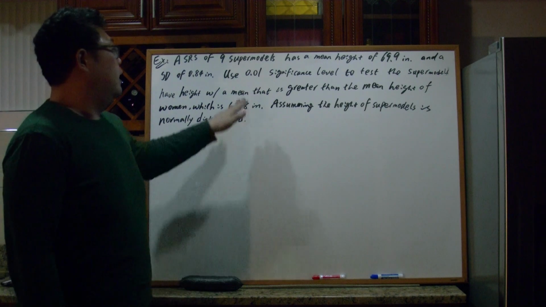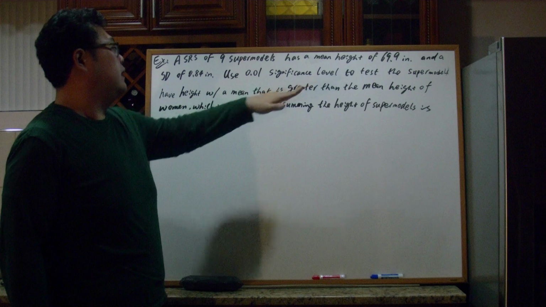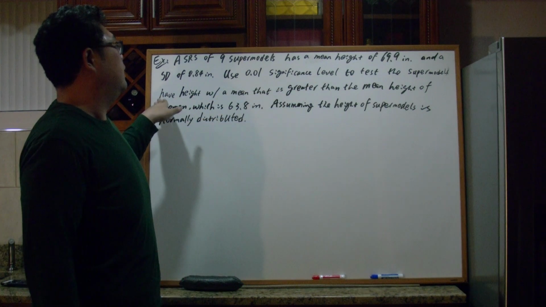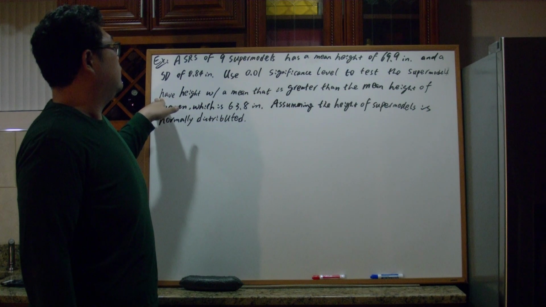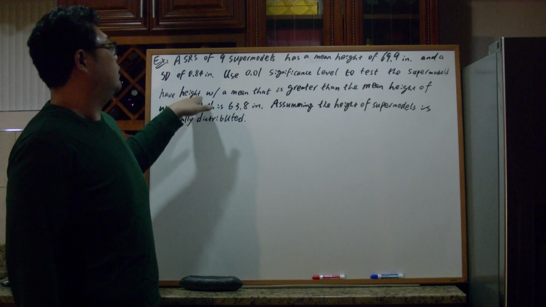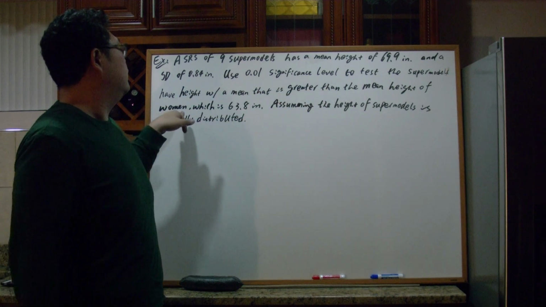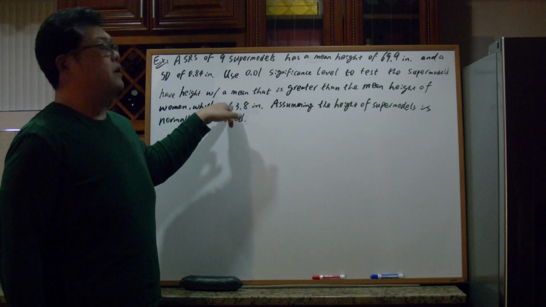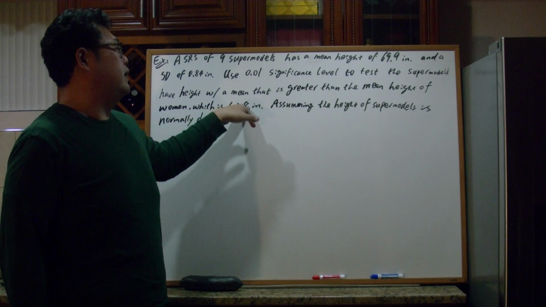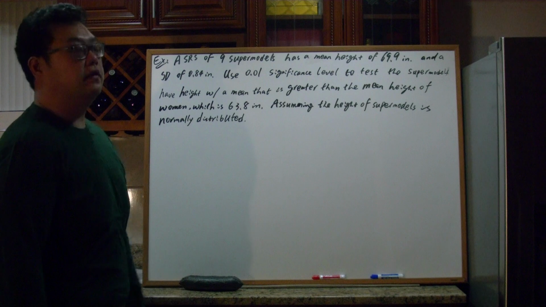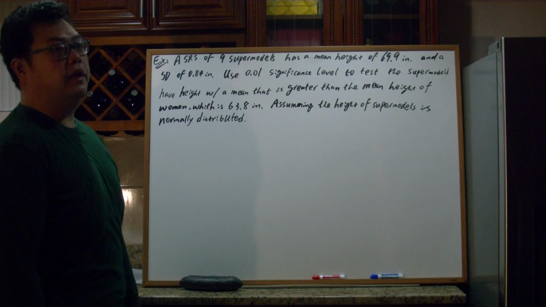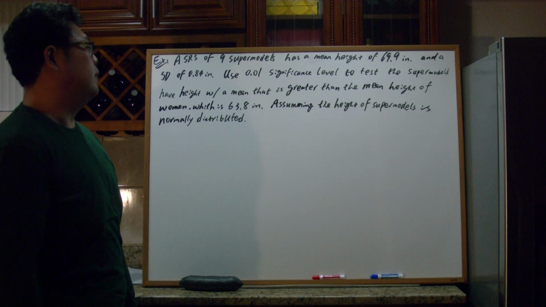Then 1% significance level. Test the claim that the supermodel has a height with a mean that is greater than the mean height of women, which is 63.8 inches. The mean height of women for the population is 63.8 inches.